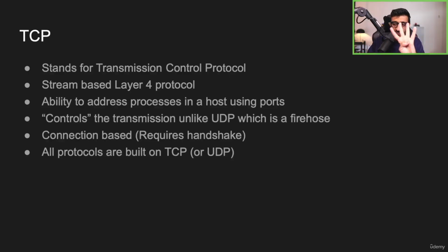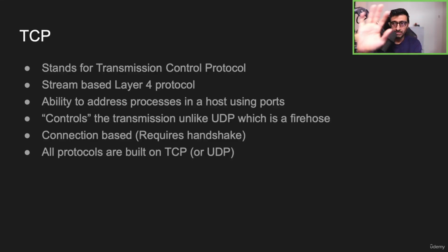And using these four parameters, source IP, source port, destination IP, destination port, you uniquely identify packets coming in to that particular application. See, TCP was designed to address not only machines, because that's what the internet protocol is for.